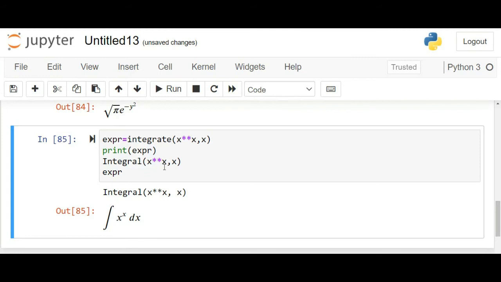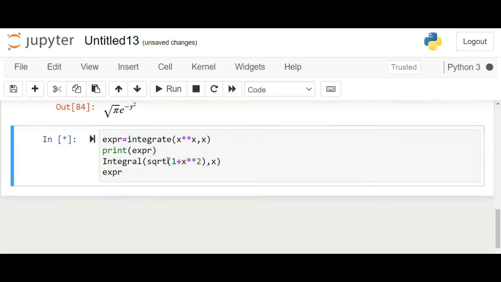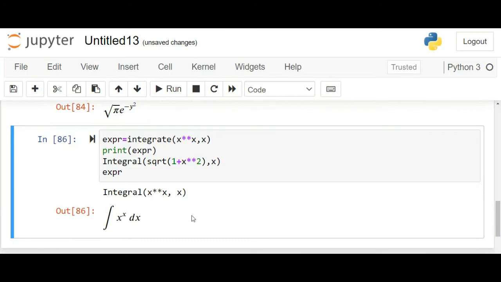Okay. Similarly we can write by changing over here x raised to the power, just like if I write square root, sqrt, inside the parenthesis, 1 plus x square. In this case our answer will be, okay, 1 plus expression.